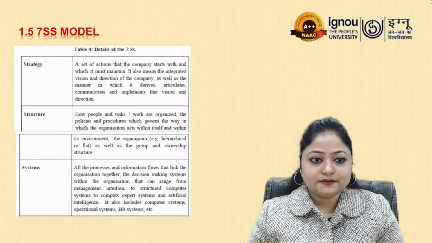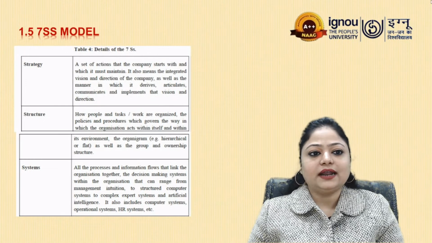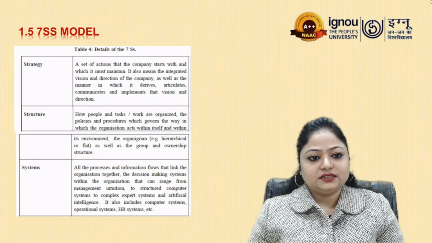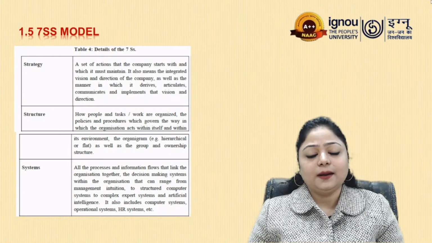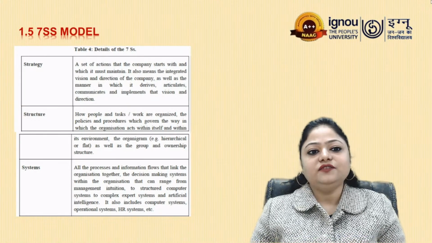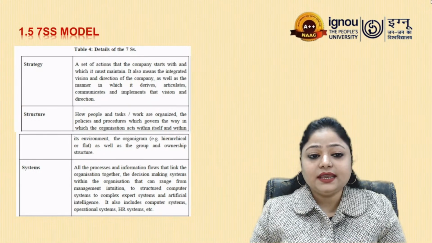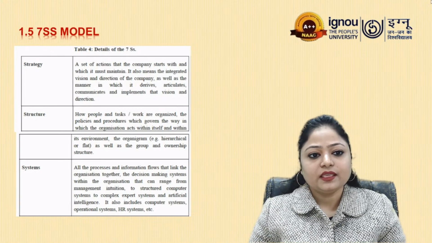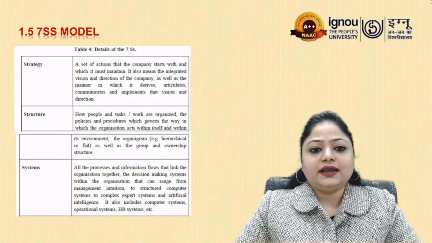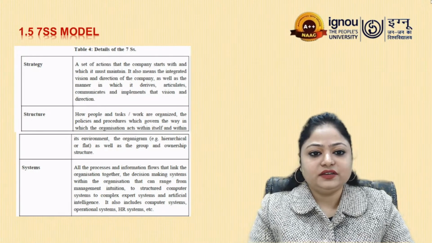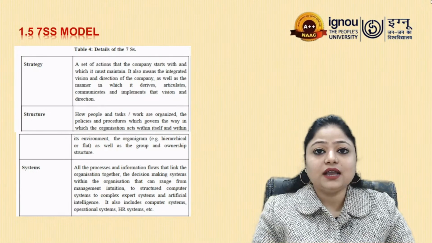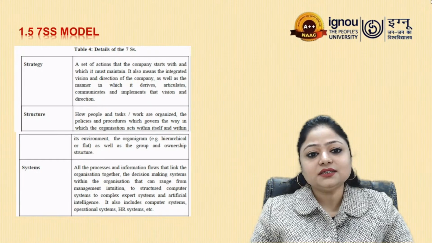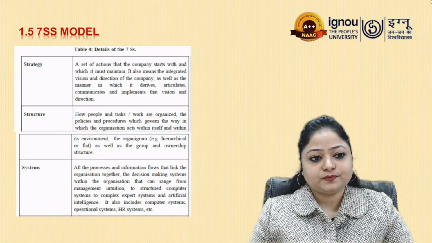But to understand it, the first one is strategy. What is strategy? A set of actions that the company starts with and which it must maintain. It also means the integrated vision and direction of the company, as well as the manner in which it derives, articulates, communicates, and implements that vision and direction.